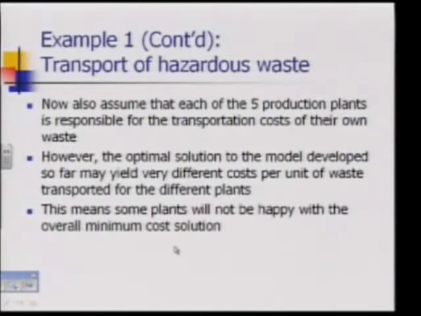This means some plants will not be happy with the overall minimum cost solution. Okay, so because of that, usually what will happen? They will talk, they will negotiate and try to find some compromise. You may say, well, I don't like the global optimal solution. I want my cost to be minimized. And in real life, you can have some kind of so-called multi-objective function, right?